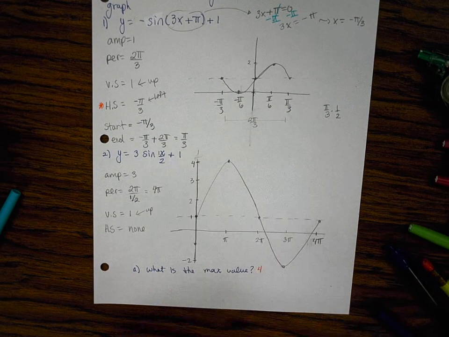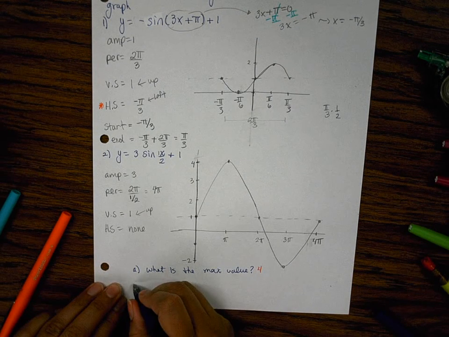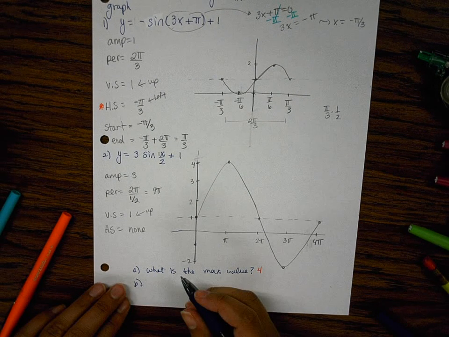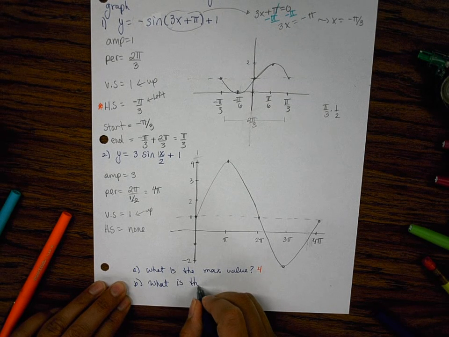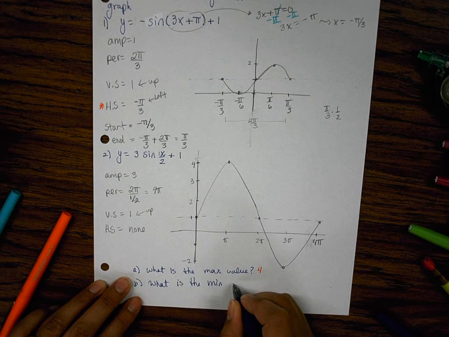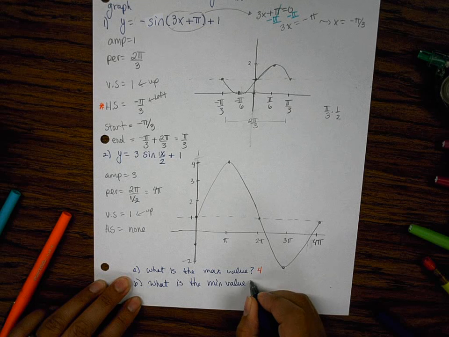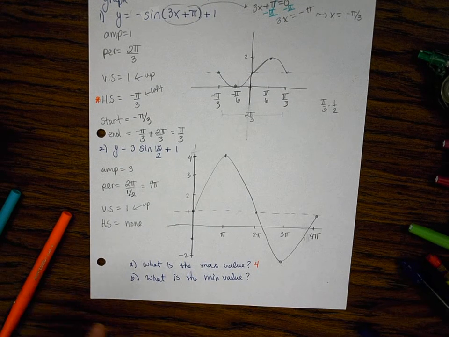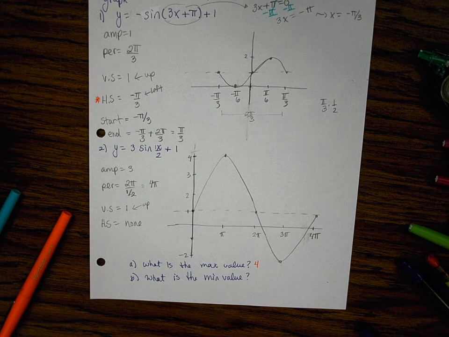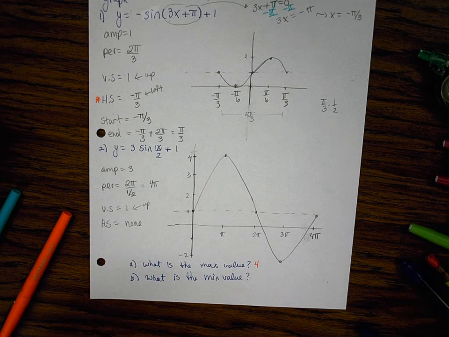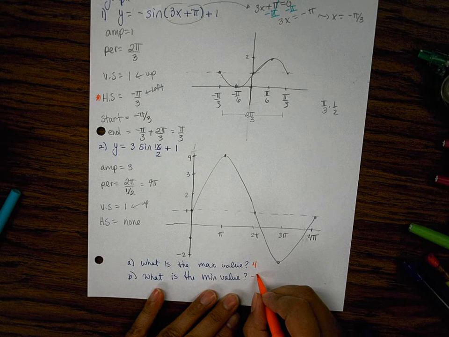It is a 4. Part B, what is the minimum value? The minimum value is the lowest point on the graph, and looking there, it is -2.